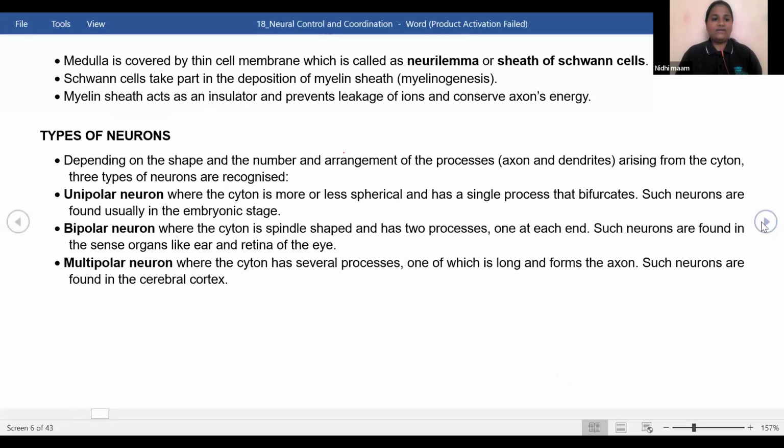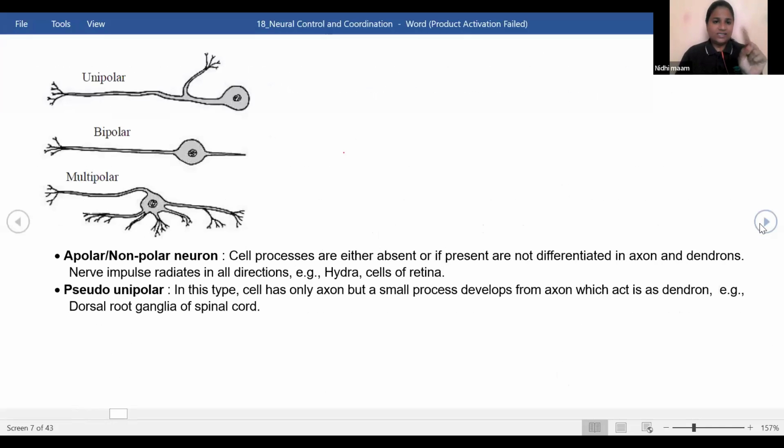Types of neurons: we have unipolar, as you can see only one cyton process. Bipolar, as you can see the cyton is here, not exactly in the middle, and there are two directions. Multipolar, you can see 1, 2, 3, 4, 5. So these are called multipolar. Apolar means cell processes are either absent or, if present, are not differentiated into axons and dendrites.